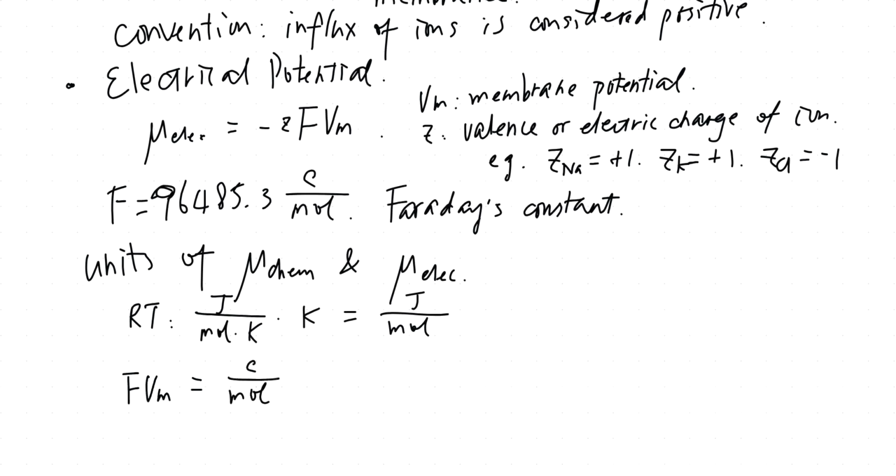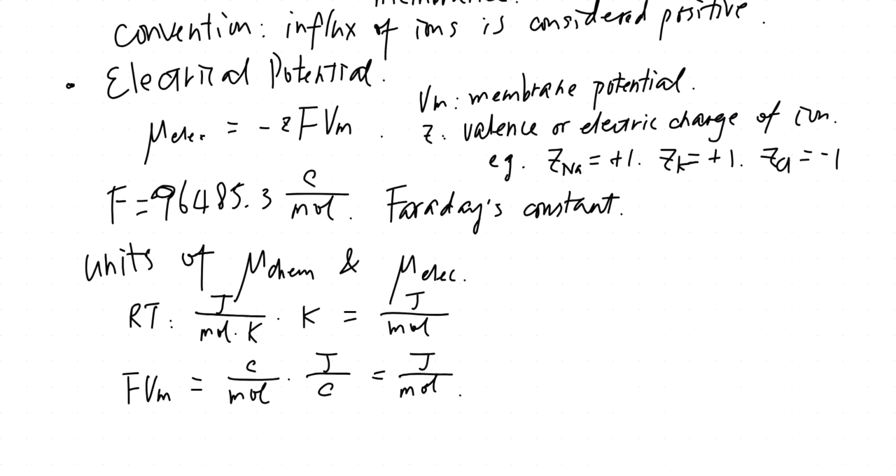And V, as we discussed in the last lecture, is the membrane potential, which is voltage. One volt is joule per coulomb, so it also gives us joule per mole. So it makes sense that the electrical potential and the chemical potential have the same dimension. They are both energy per mole of material.